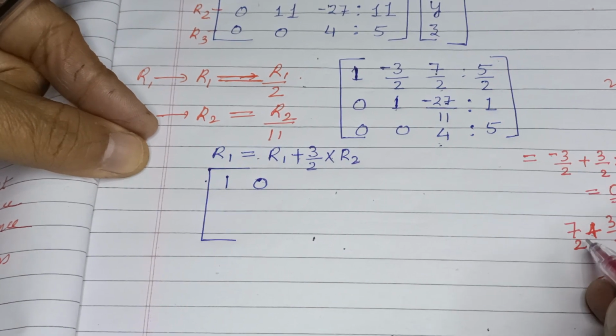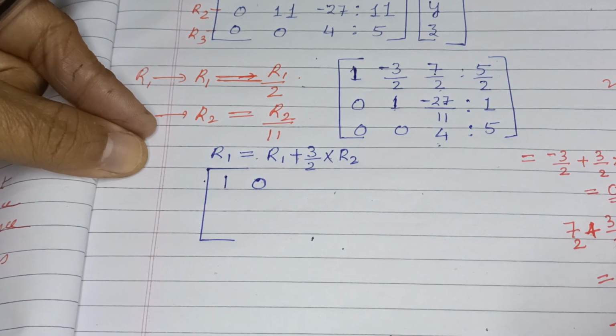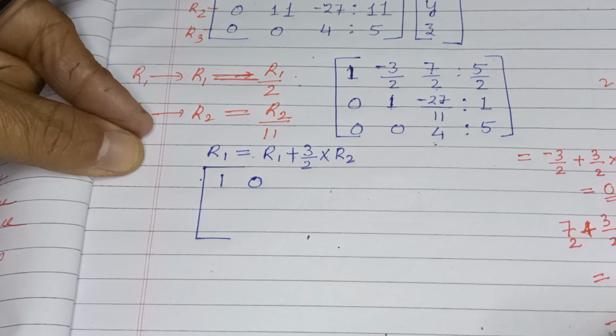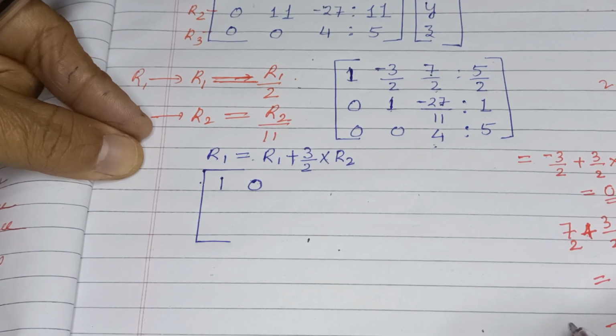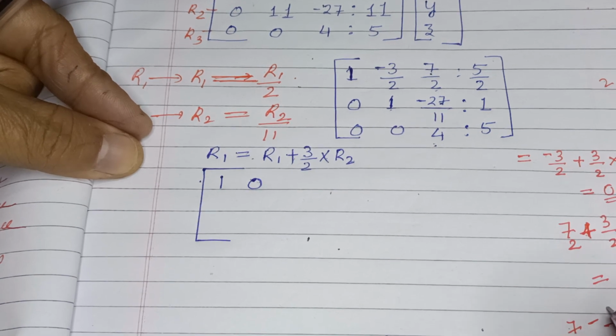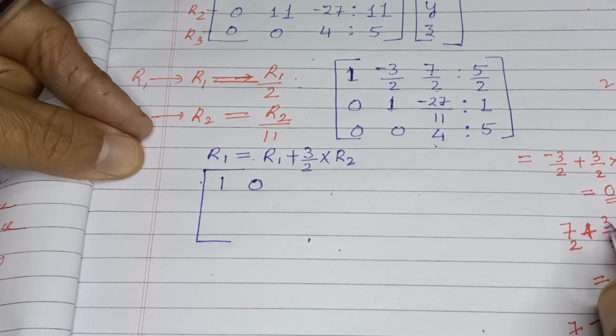Here it's positive, so no problem with the positive sign, but here it's a negative sign, so the whole thing becomes negative. So 7 by 2 minus 81.